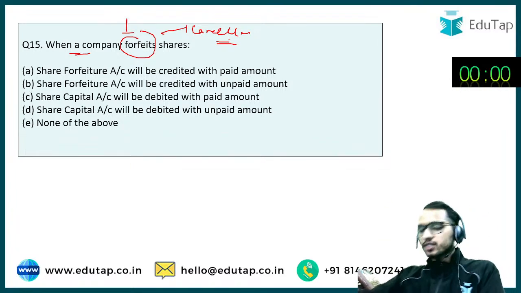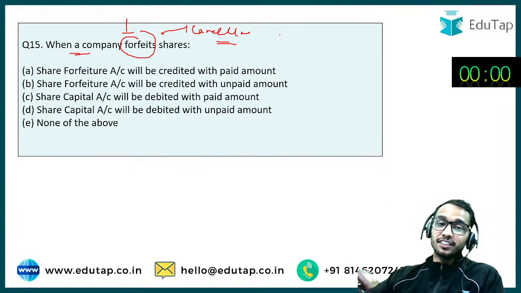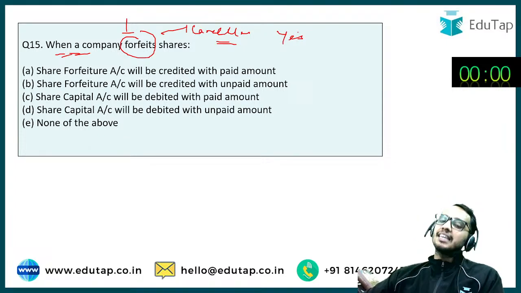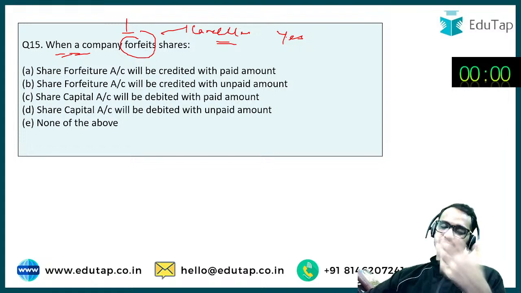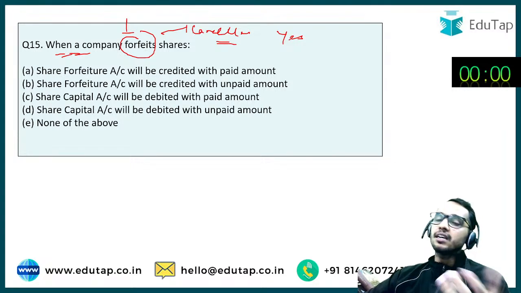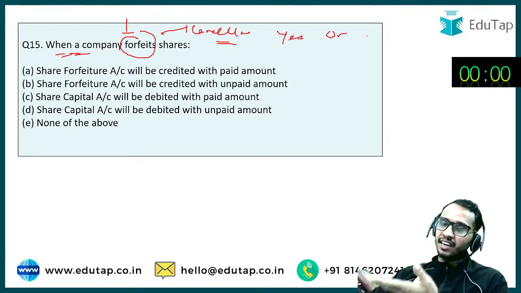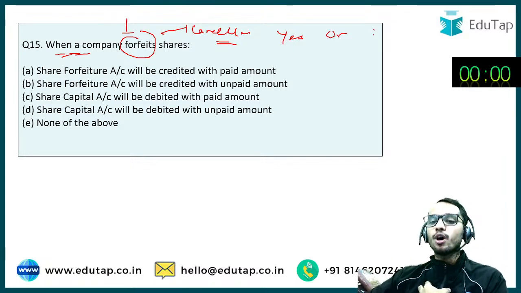Tell me in yes or no. I have changed the question now. Tell me first of all, if we as a company are forfeiting or cancelling some shares, are we going to refund the money on these cancelled shares, whatever amount we have already got?